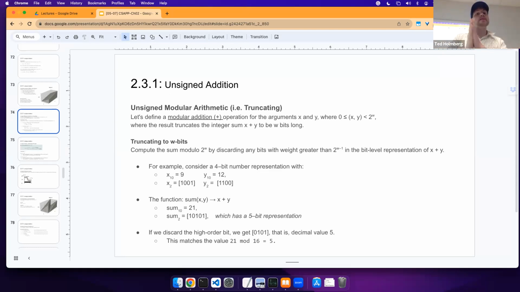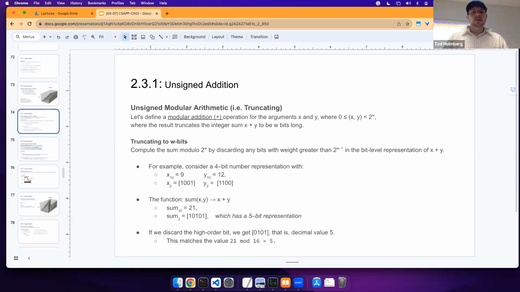So we're going to define what's called modular arithmetic. So a modulus type of operation, which allows us to circle back to where we started from. Okay, so let's define our modular addition for our two arguments, x and y, where they fall between the word size value, the appropriate encoding we can have based off of our w-size bit vector.